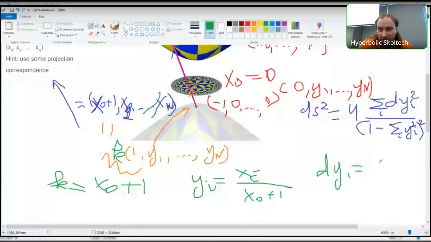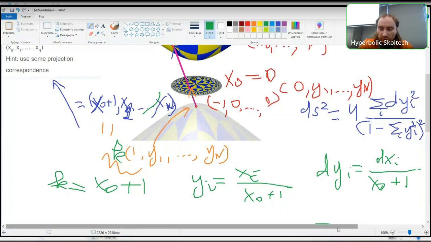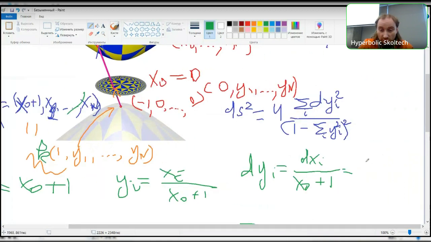So this is the derivative of this function, and it equals dxi over x0 plus 1 minus xi dx0 divided by x0 plus 1 squared, right?